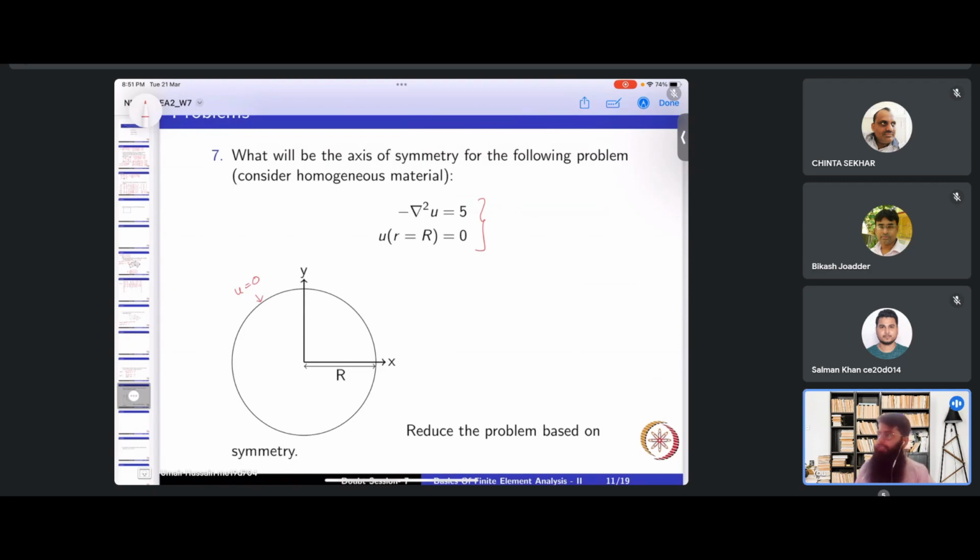So first of all, is there any symmetry in this problem? Is the problem symmetric? If yes, then what would be the axis of symmetry?